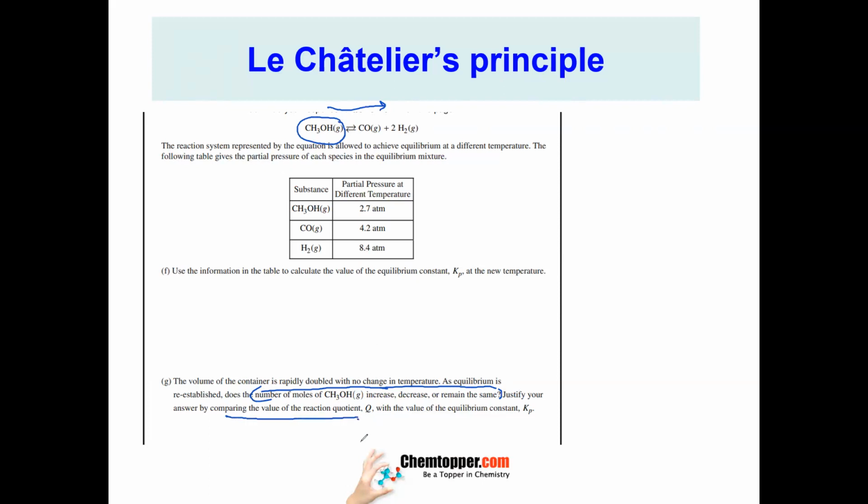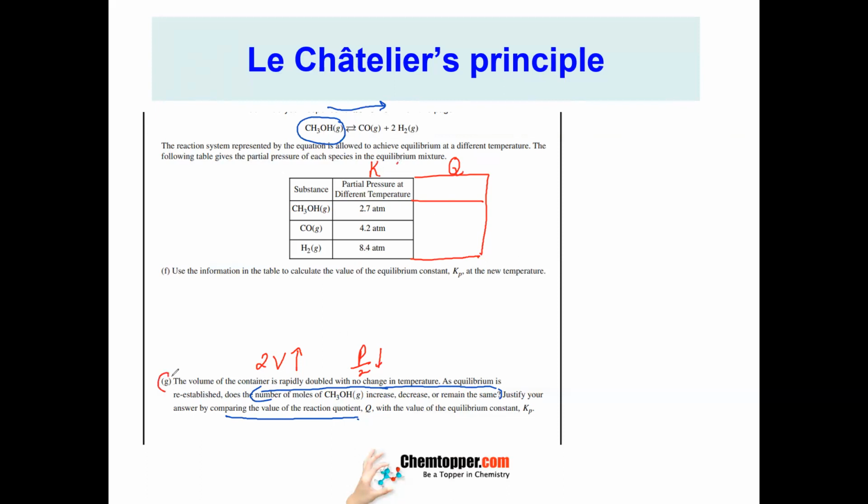Justify your answer by comparing the value of the reaction quotient. Now we said that everything is halved, correct? Volume is doubled, pressure is halved. Very good question, children. So what are the new pressures? This is going to be Q now, and this is K, the equilibrium mixture.